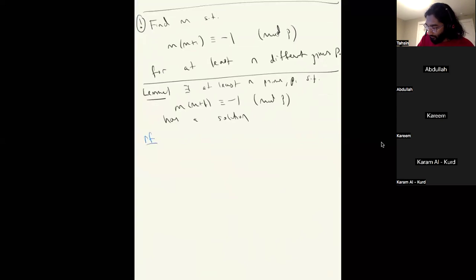So now you're saying, Karam, I just take some arbitrary m, right? So is this the idea? So the idea is to take an m, but maybe you can explain your idea again.